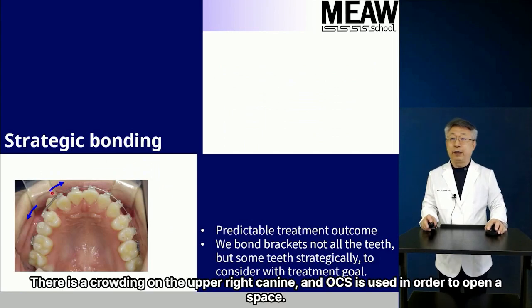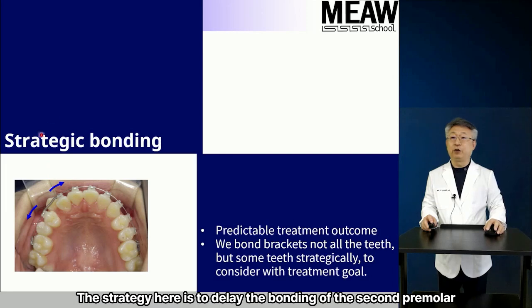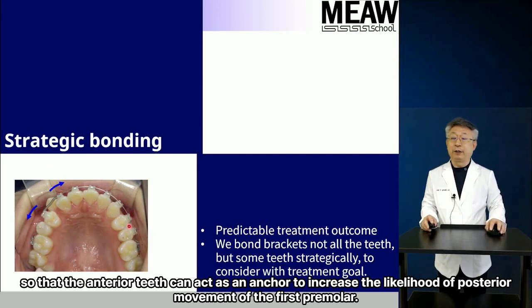There is a crowding on the upper right canine, and OCS is used in order to open a space. The first premolar will move posteriorly, and the anterior teeth will move anteriorly. The strategy here is to delay the bonding of the second premolar, so that the anterior teeth can act as an anchor to increase the likelihood of posterior movement of the first premolar.